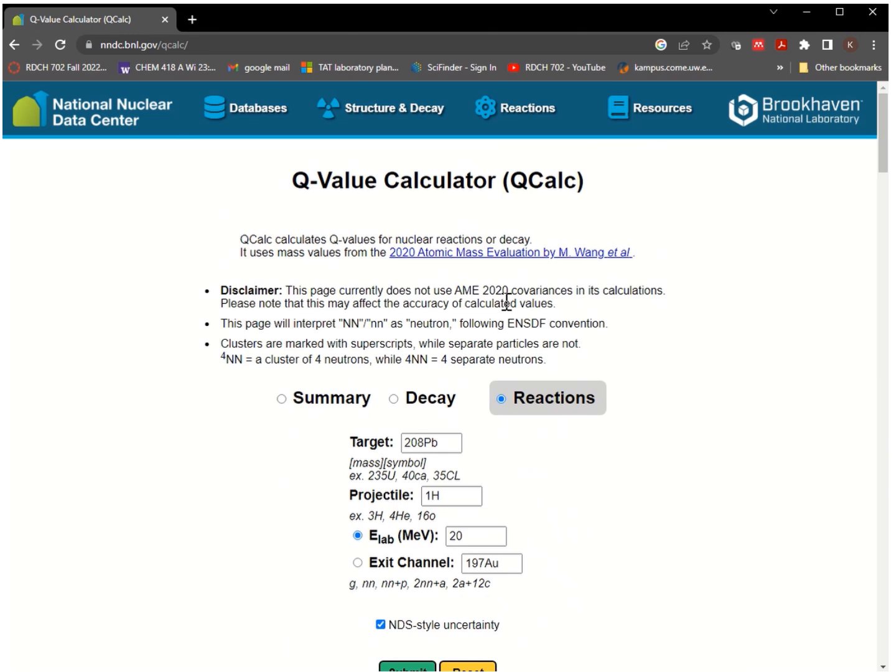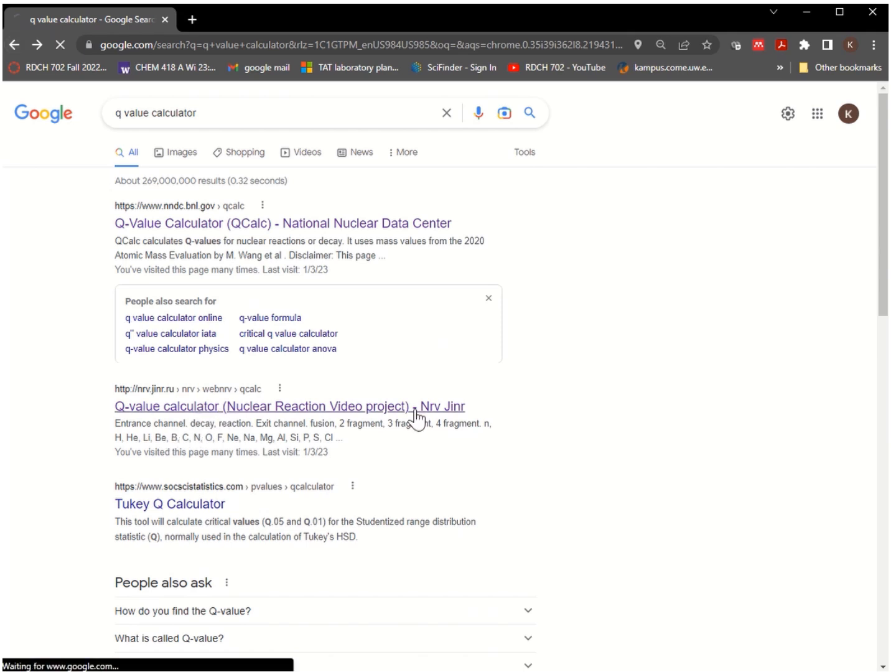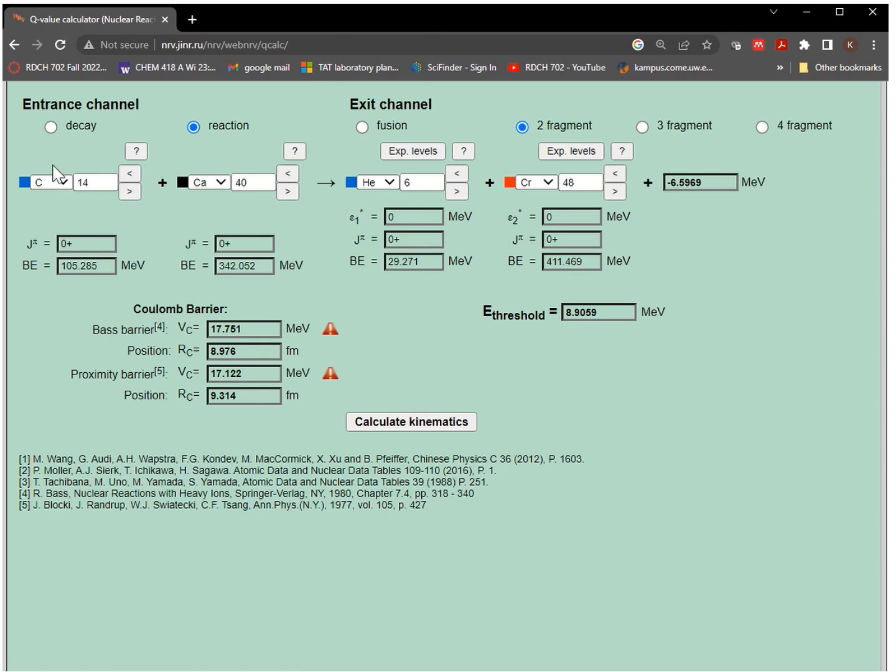So you see from this Q value calculator site, you can get lots of information for a summary of an isotope, a specific decay, or any reaction you can possibly think of. The site from Russia is similar. It has a database. You can discuss decays.